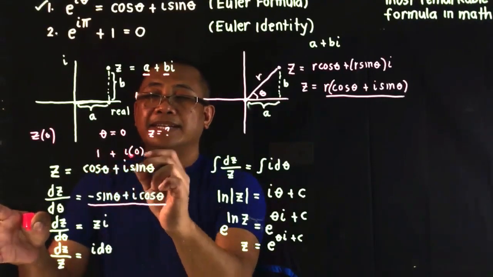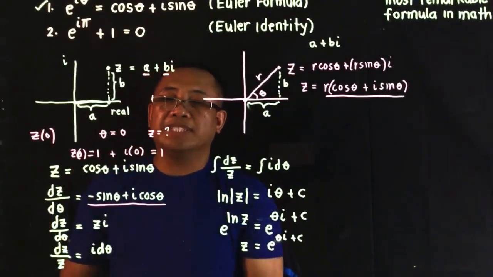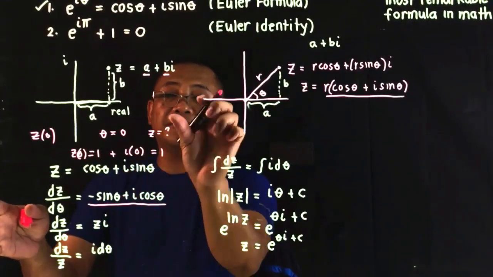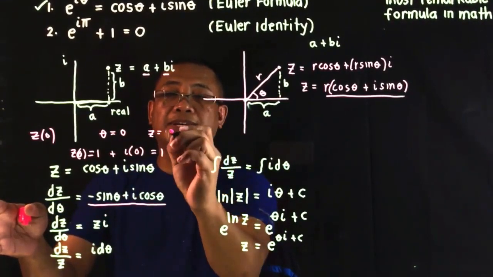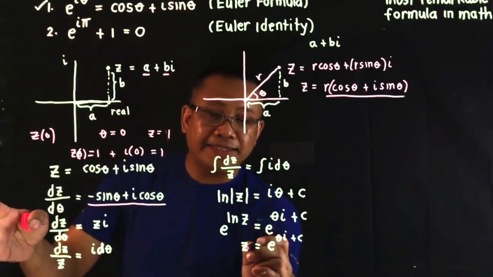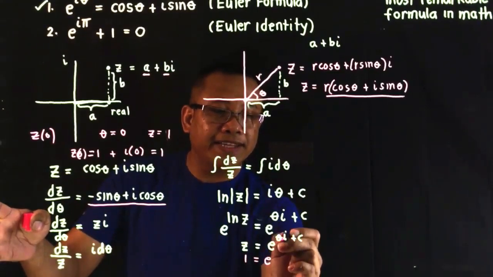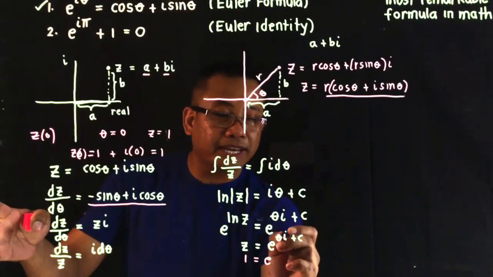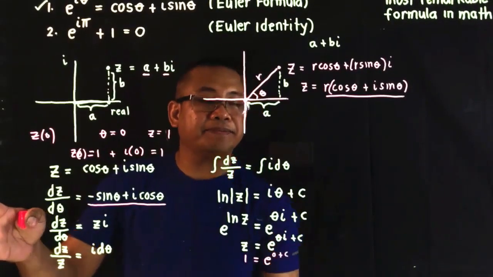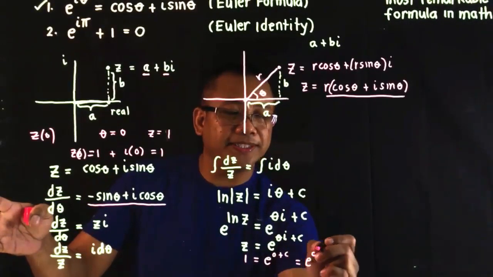So that means z sub 0 is equal to 1. So the value of z is equal to 1 when theta is equal to 0. Using this initial value, we now replace z by 1, and we have here 1 equals e raised to theta equal to 0, and 0 times i is 0, plus c. And so this is equal to e raised to c.